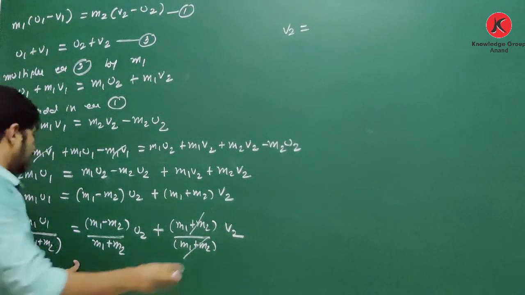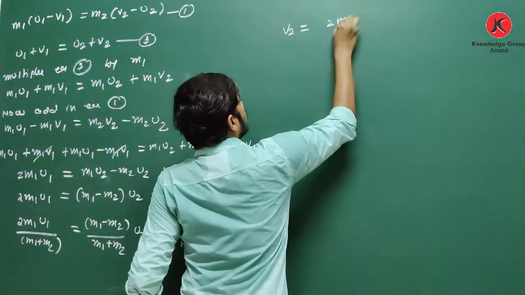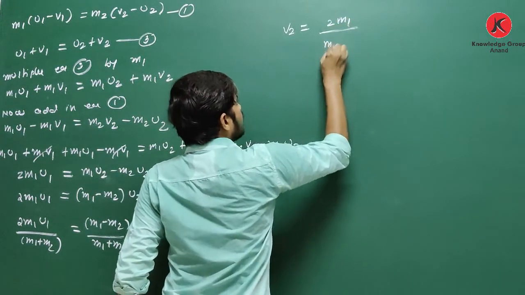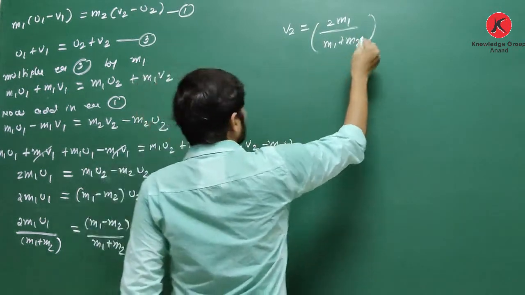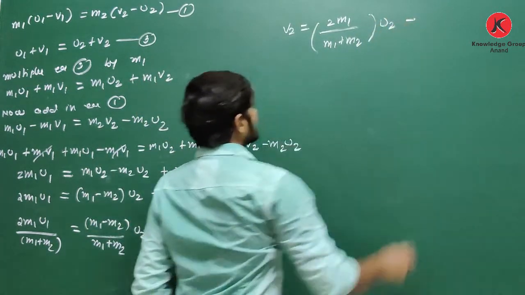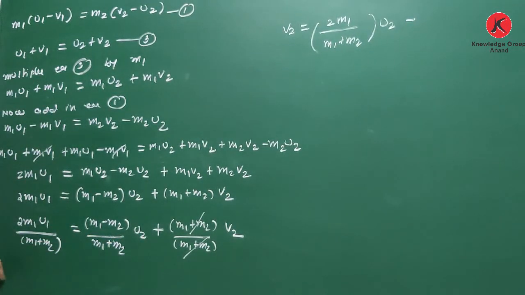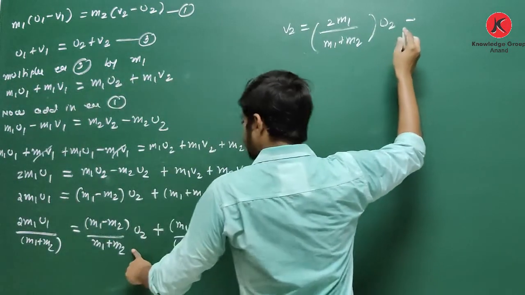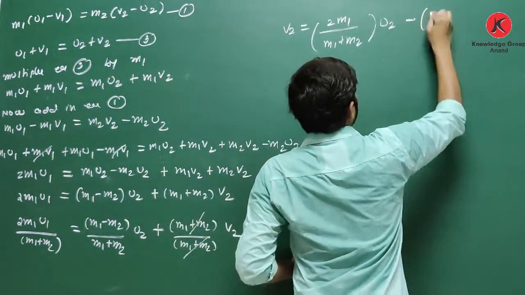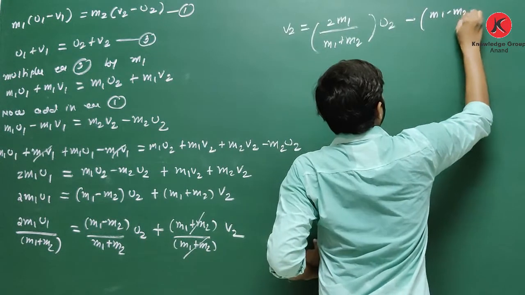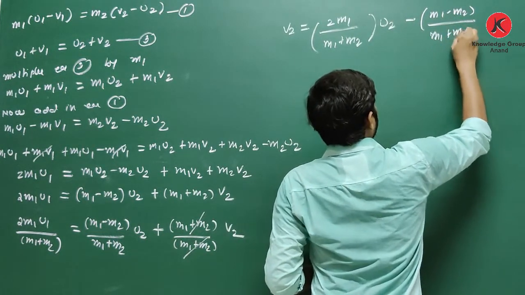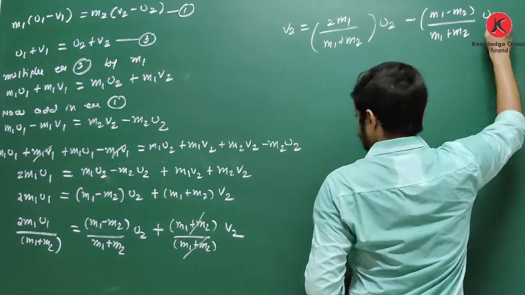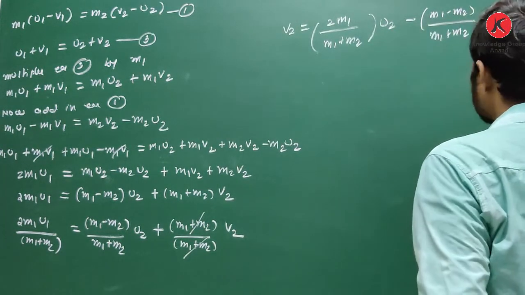V2 is equal to 2 M1 upon M1 plus M2 U1 minus, this term we have to take to this side, minus (M1 minus M2) upon (M1 plus M2) U2.